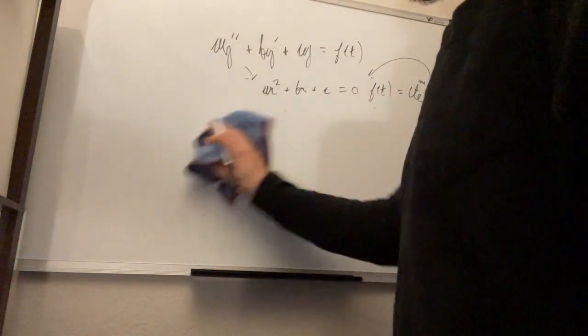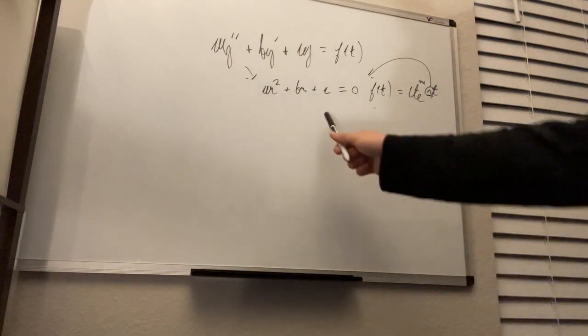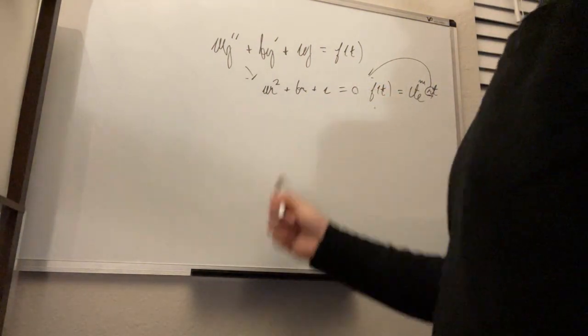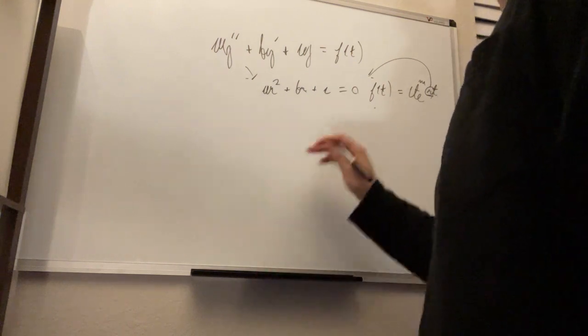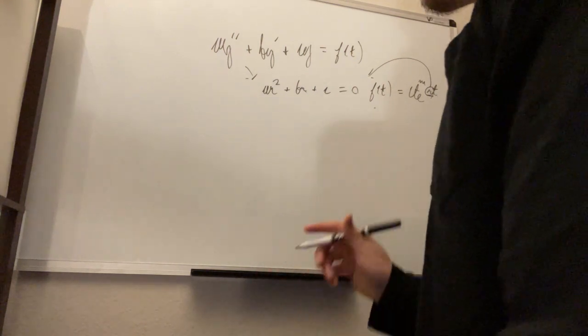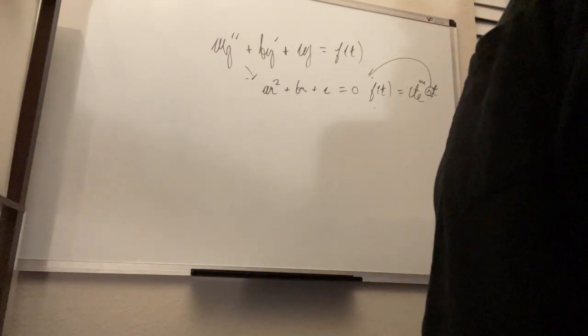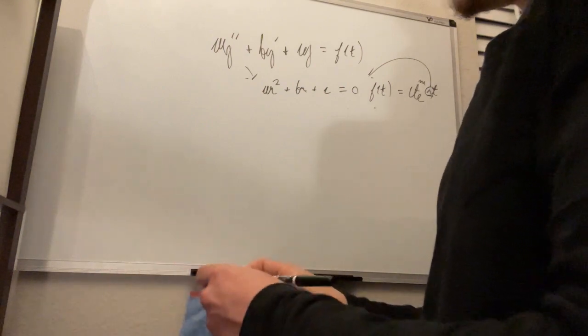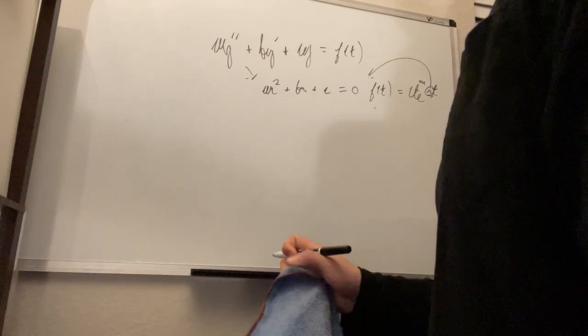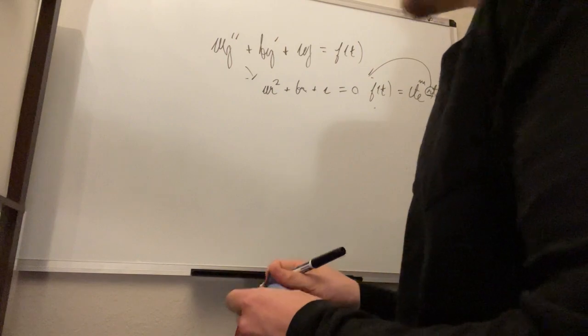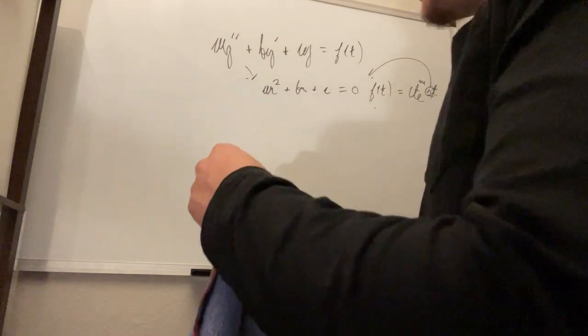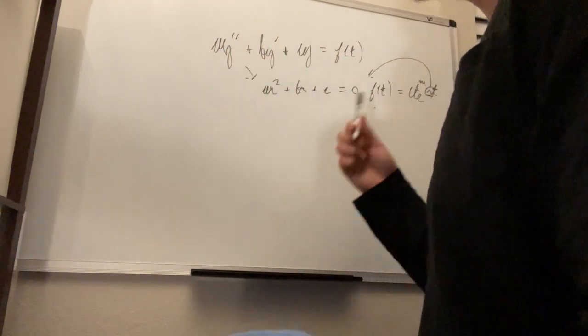Now, suppose the auxiliary equation has double roots. Remember what we did for homogeneous equations: we multiplied the second solution by t. We do the same thing here, but we already use t.